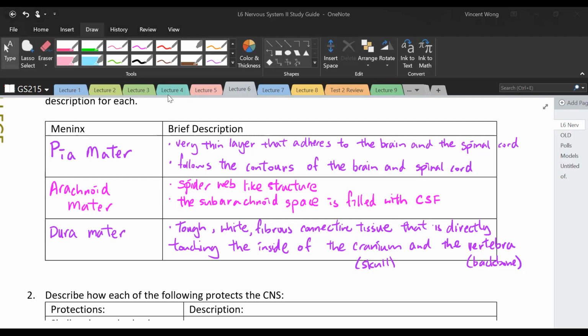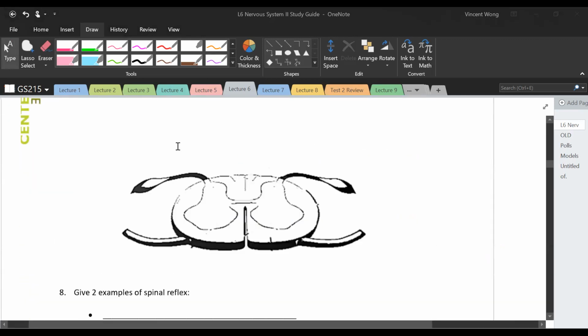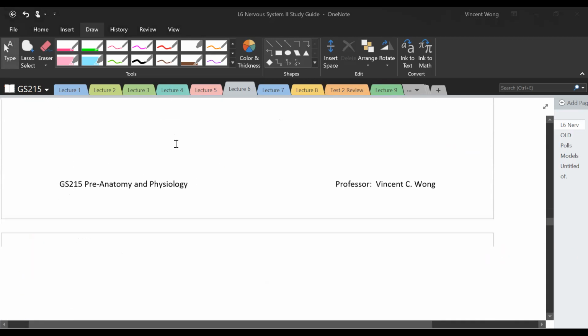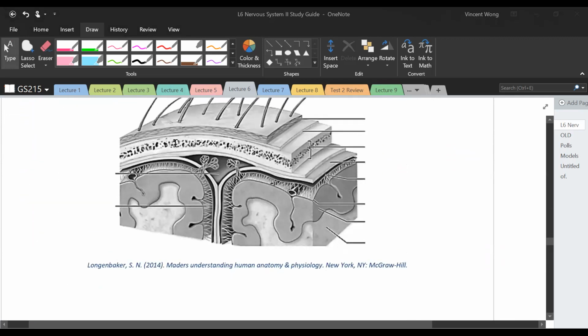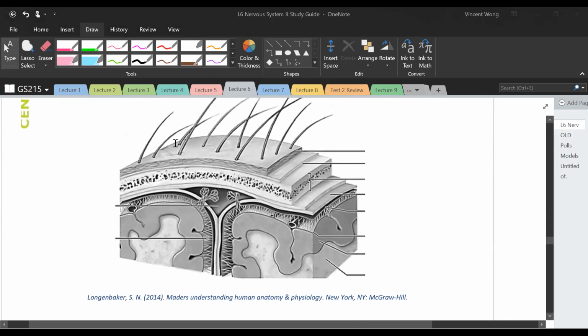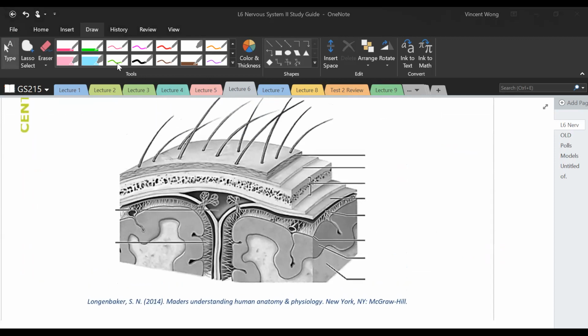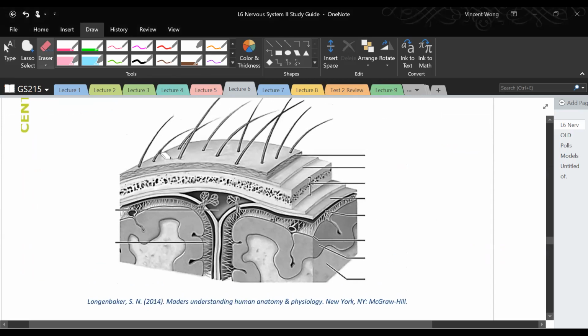Okay, so just to show you on this diagram, I did this in the recording already, but just to refresh your memory, right? So this is a frontal slice of the head, right? So you will see the skin of your skull, right? This is your actual cranium, okay?